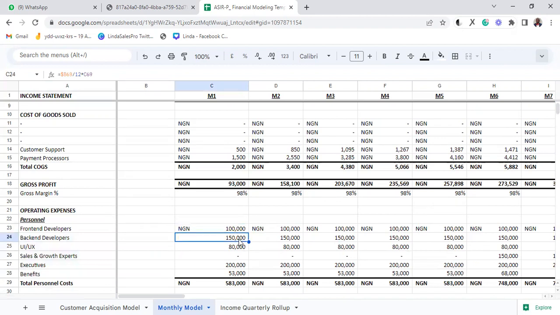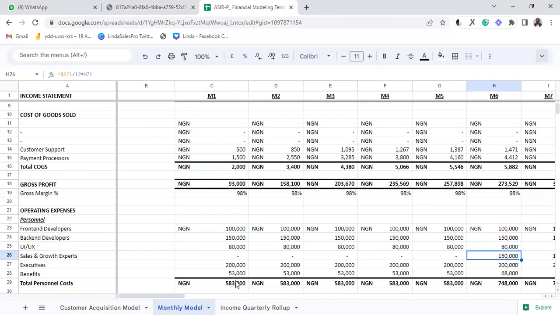We are paying 150,000. We are paying 80,000 here. We don't have any salesperson this month. Can you see it? So if you check here in month 6, we now have somebody. That's why we hired somebody from month 6, the sales and growth team. So that's why we now have 150,000 here, based on those assumptions we made.